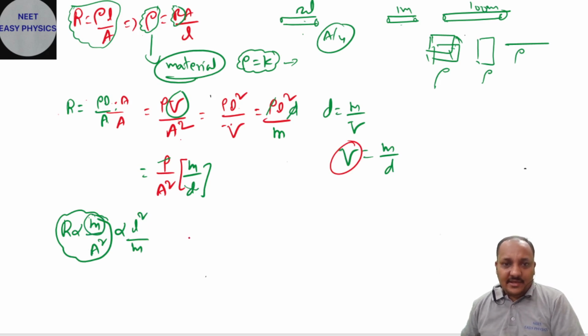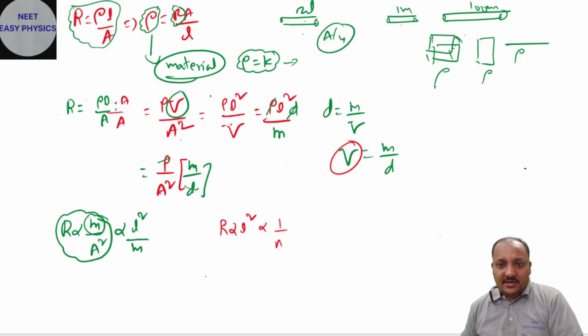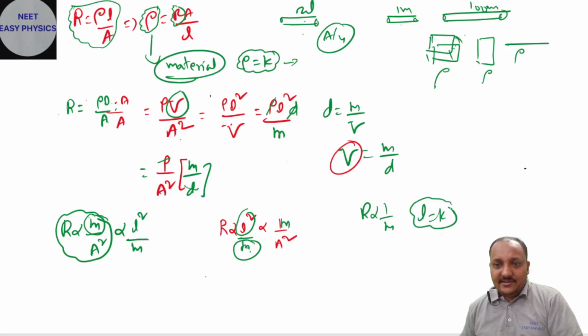So already we came to know how to remember these equations. R is directly proportional to L square, R is inversely proportional to A square. Therefore, where the numerator is empty, you have to write M, and where the denominator is empty, you write M. If the mass of the wire is doubled by keeping its length constant, then R is inversely proportional to M if length is constant.